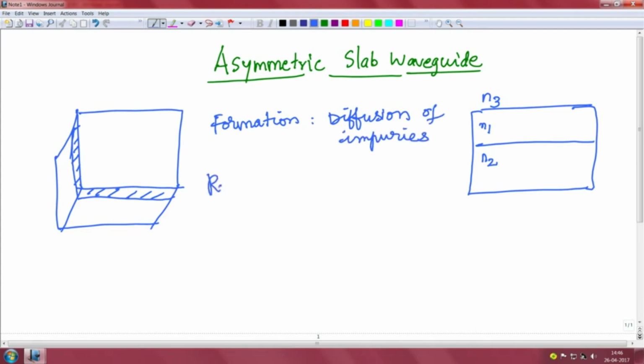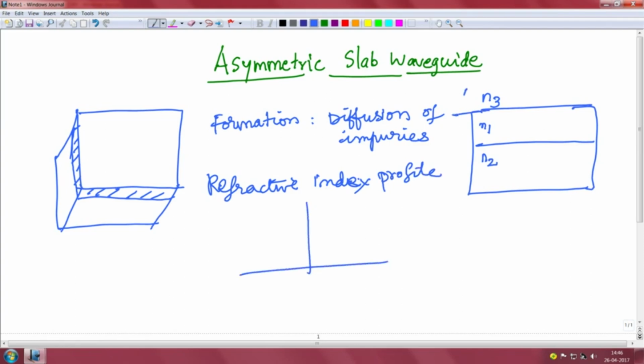The refractive index profile of an asymmetric slab looks like this. I will now put the coordinate axis, taking the positive x axis down, with this point as 0 and the depth as small d.